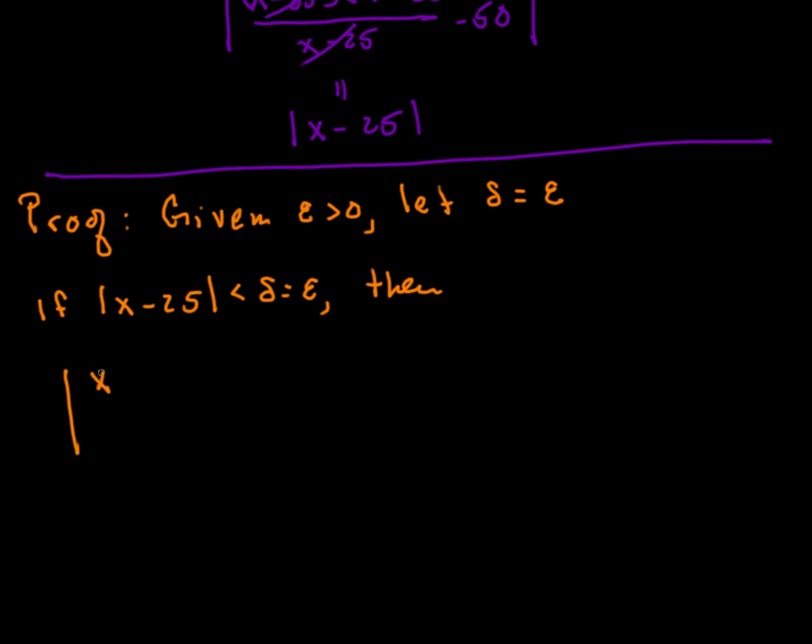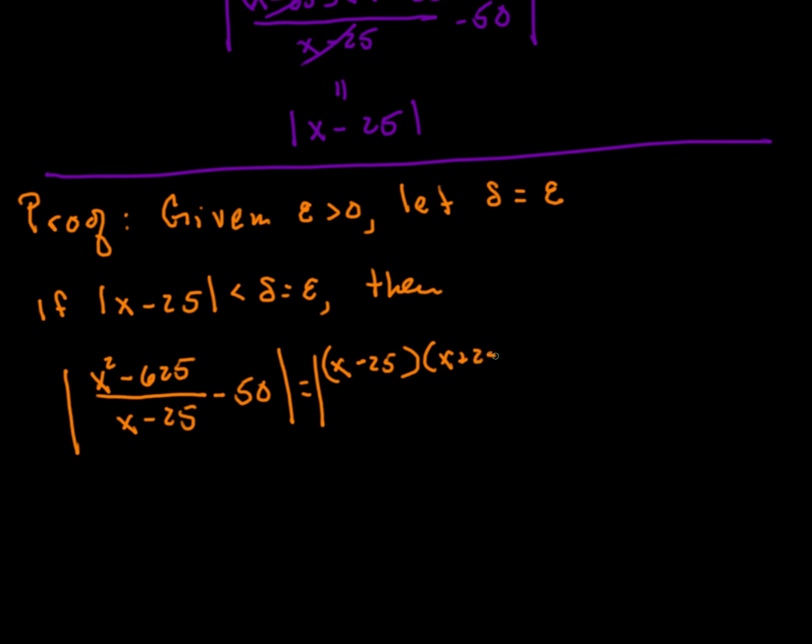Well, (x² − 625)/(x − 25) − 50 is equal to (x − 25)(x + 25) divided by (x − 25), minus 50, which is equal to x − 25, which we know is less than ε.